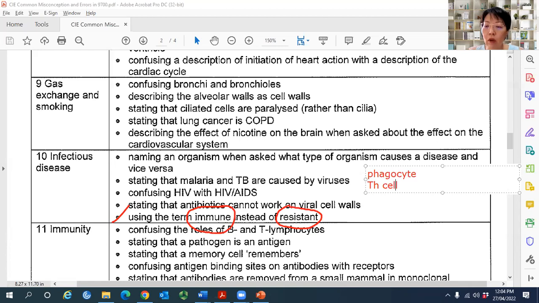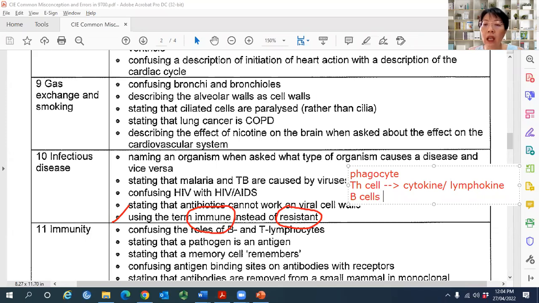Then it will secrete the cytokine or the lymphokine, right? And this cytokine, lymphokine will activate what cell? Either the selected B cells, if you want to secrete antibody, or the selected T killer cell, TK, also called T cytotoxic cells, that will go and kill the 3 types of cells in the body.